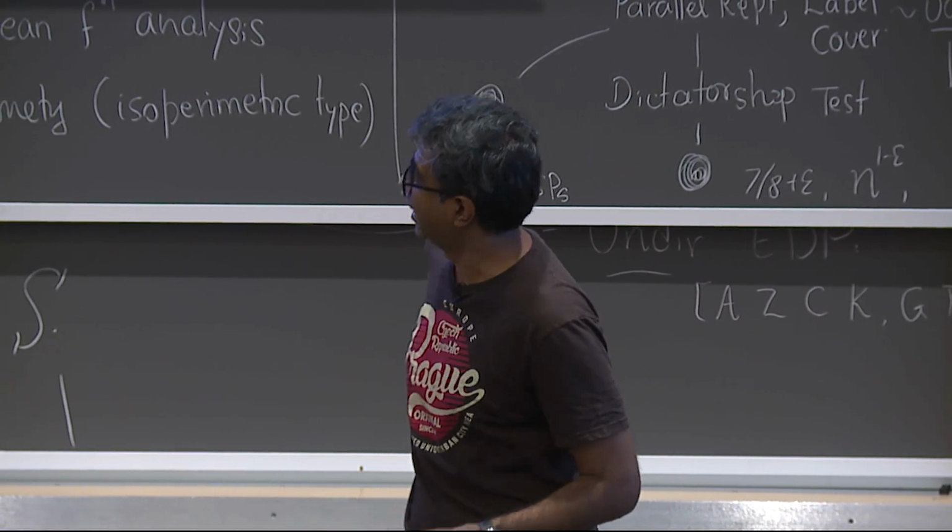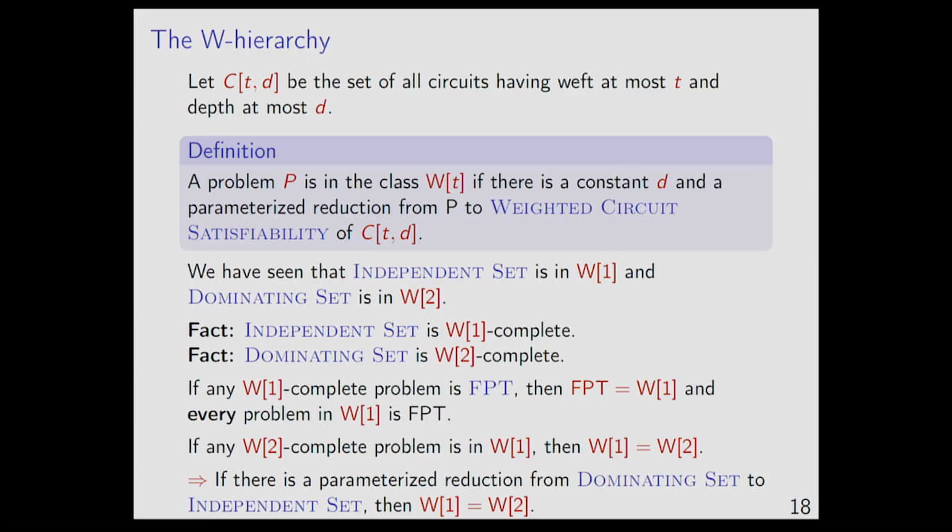If any W1-complete problem is FPT, then FPT equals W1, and every problem in W1 is FPT. Similarly, if any W2-complete problem is in W1, then W1 equals W2. So if there is a parameterized reduction from dominating set to independent set, then W1 equals W2, which we still don't know in the last three decades.